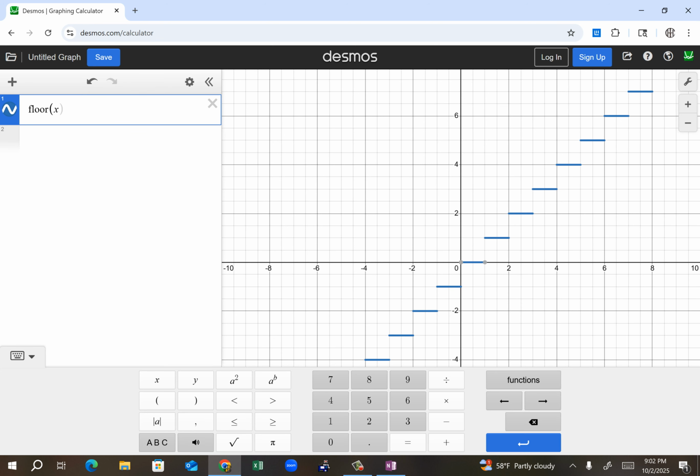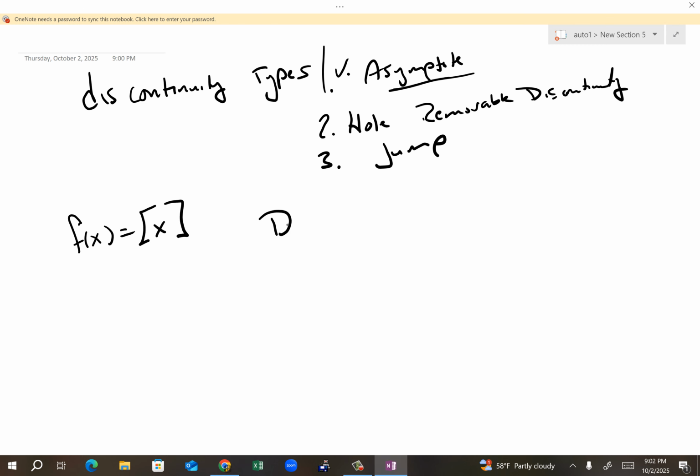Floor x. Oh boy. So we say it has discontinuities at x equals integers, yes? Okay, any of the integers, you got a problem. What kind is it? It's a jump discontinuity.